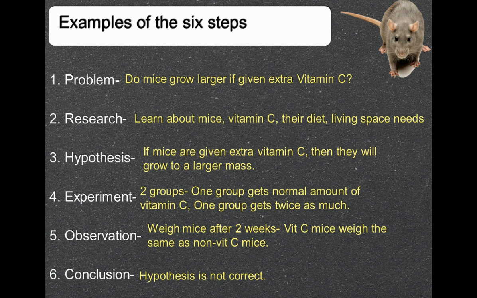So this is how we use the steps of the scientific method to actually answer a question. Now, the way you guys told me to set this up, I don't know if I would trust the results of this experiment. I've got to improve this and make it a more valid experiment.